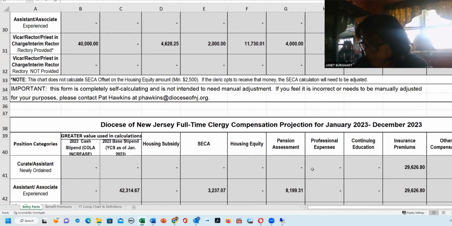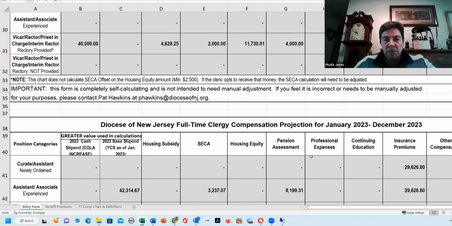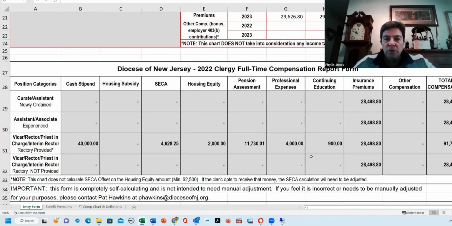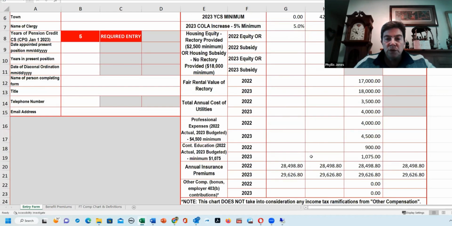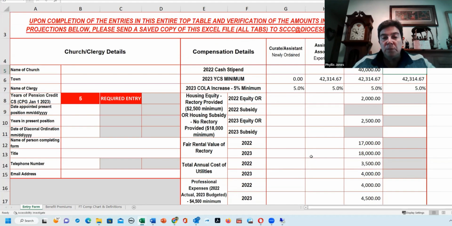Mm-hmm. And I saw there was one other thing that came up in the chat. Our rector is retiring at the end of June 2023. How do I fill out the form? Jane, you fill out the form for 2023 based on what you're budgeting. You're budgeting for your position, not for the person.